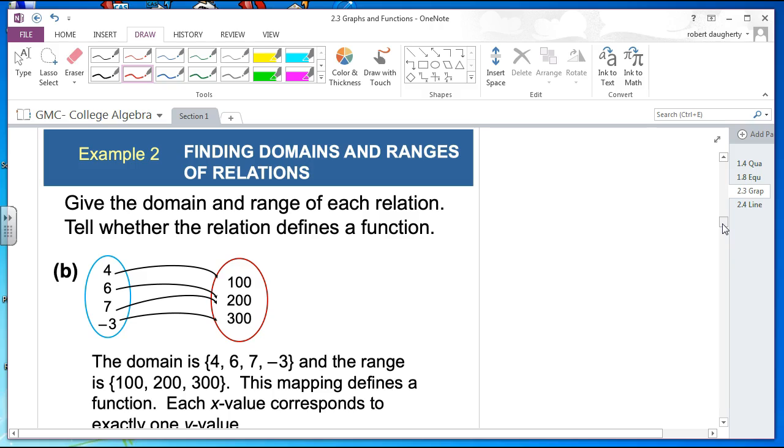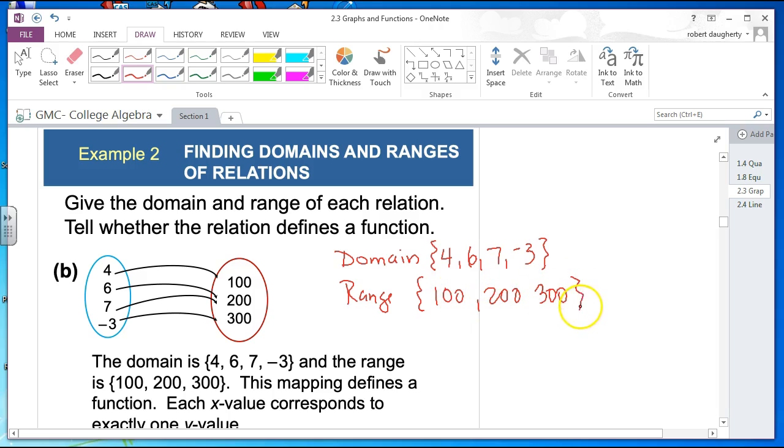Give the domain and range of this relation, tell whether or not it's a function. The domain would be the set of all the x values. So the domain, if I look at that mapping, is 4, 6, 7, and -3, just that set of numbers. The range would be the set of all output or y values, 100, 200, and 300. Is it a function?